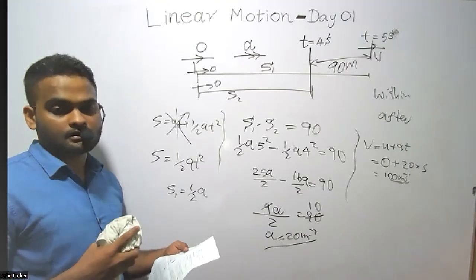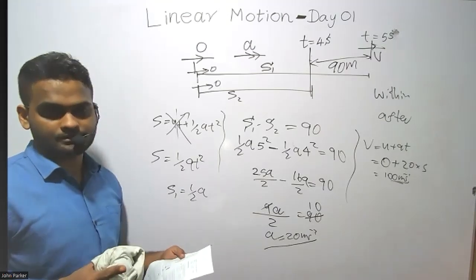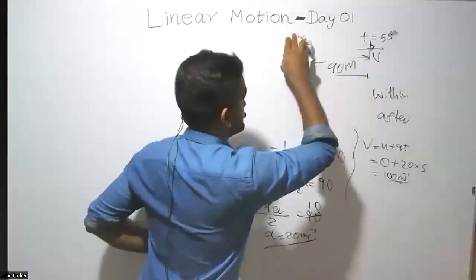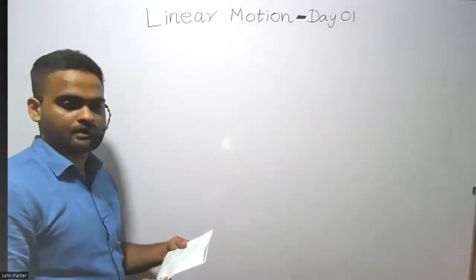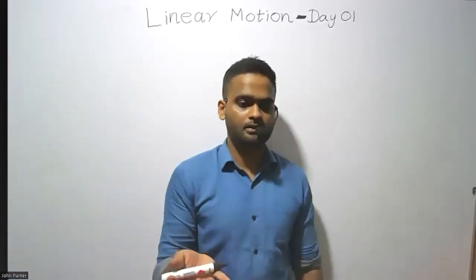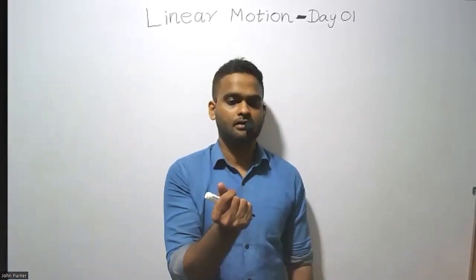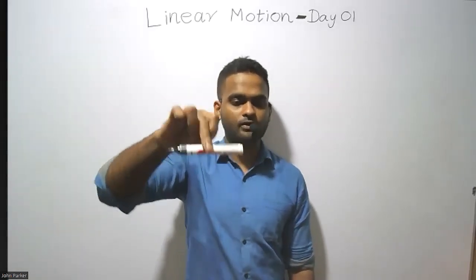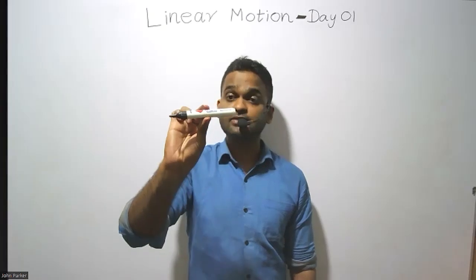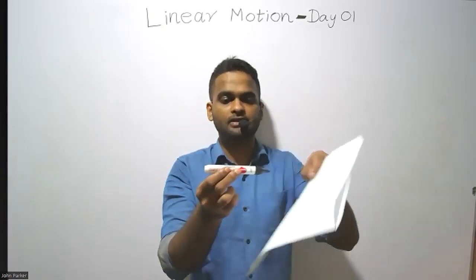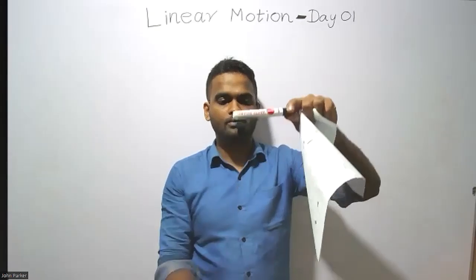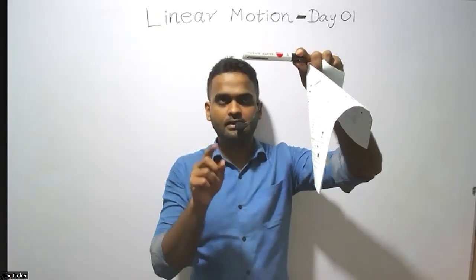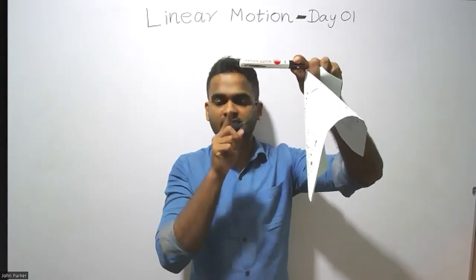Then I'll talk about motion under gravity. Write down the topic: motion under gravity. If I throw this upwards, while it is moving up, the only force applied on it is its weight, meaning it only has gravity affecting it.